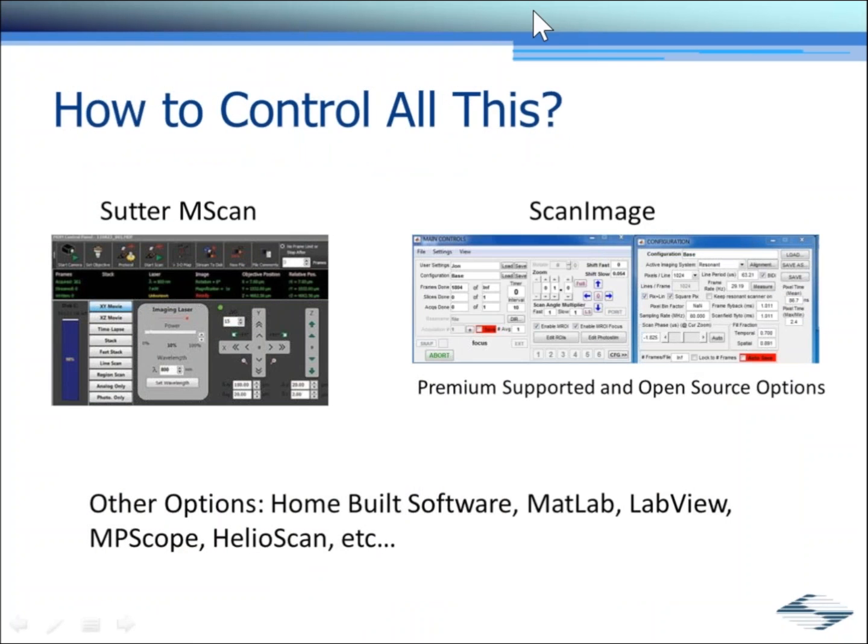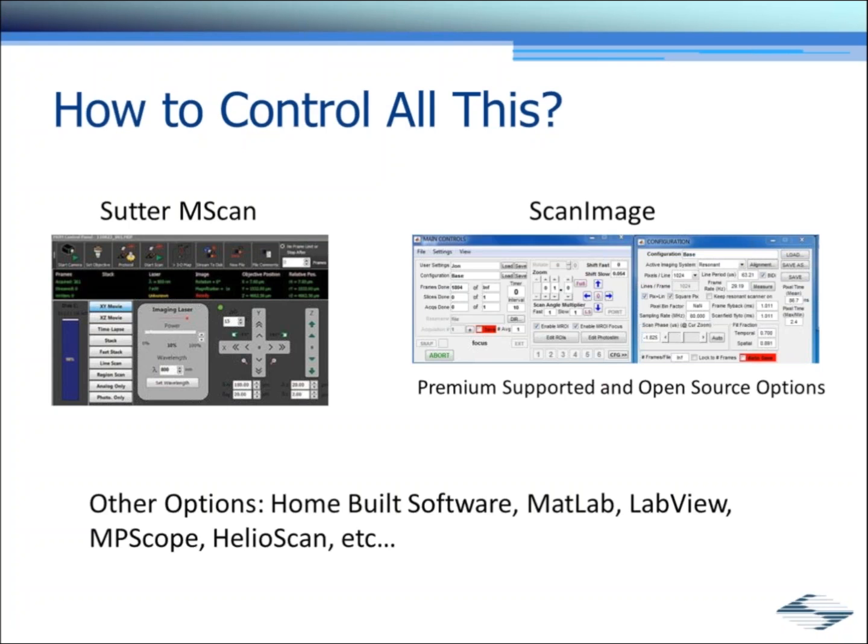All right. So with all those hardware options, how do we control all of this? With essentially any detector, any laser, any of these options, it turns out we have a number of software options as well. The two primary software options are Sutter MScan and ScanImage, which is supported by a company called Vidrio. There are also other options.